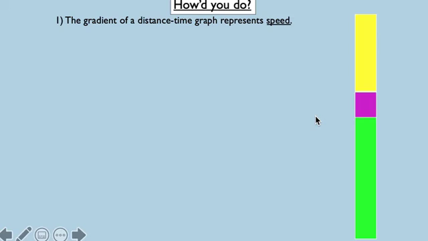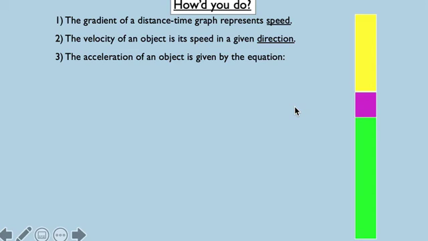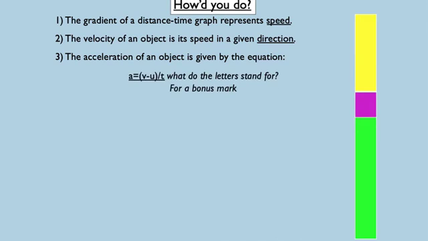So the gradient of a distance time graph represents speed, so that's what that is. The velocity of an object is its speed in a given direction. The acceleration of an object is given by the equation: the change in velocity divided by time.